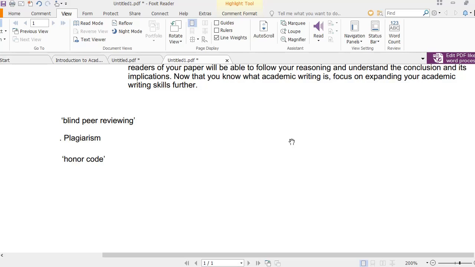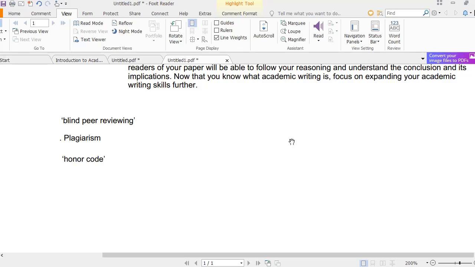A writer of an academic paper is expected to adhere to certain basic ethics and conduct themselves in a responsible manner. So some universities make it mandatory for all students to sign an agreement, and this agreement is called the honor code.